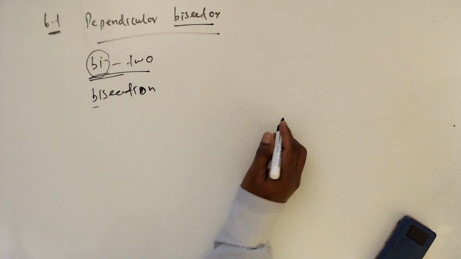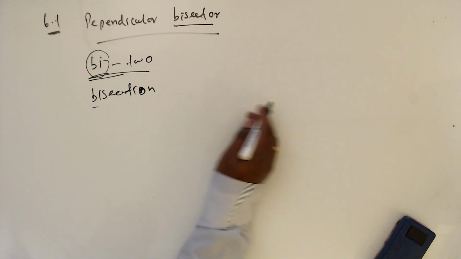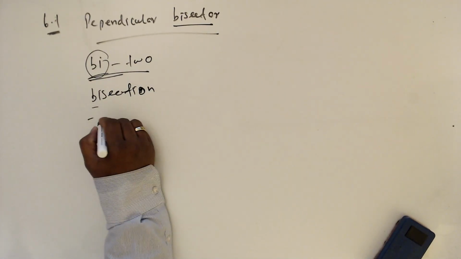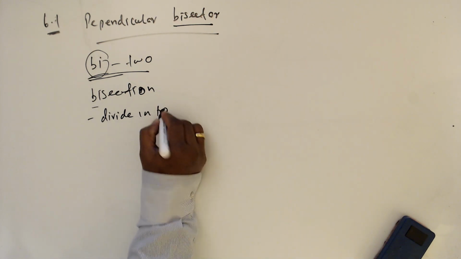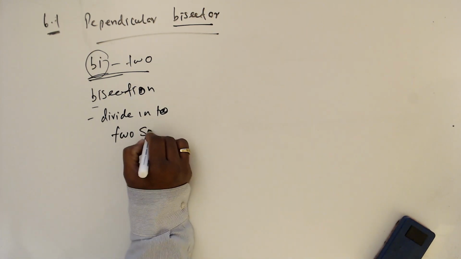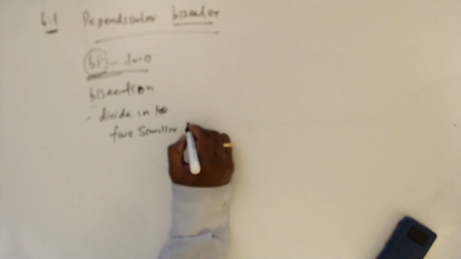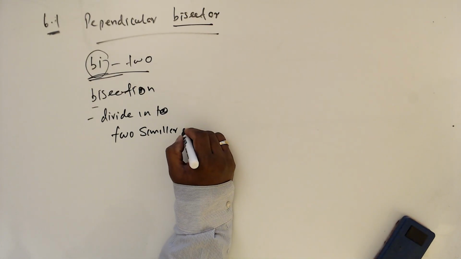Bisection means divide into two similar sections.